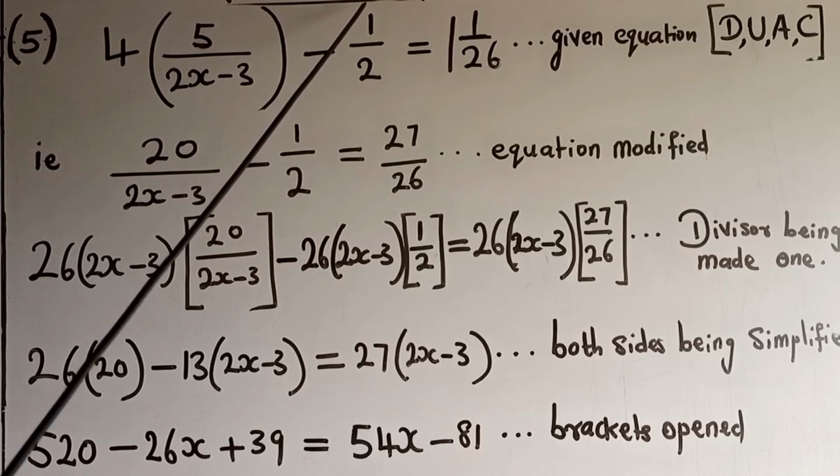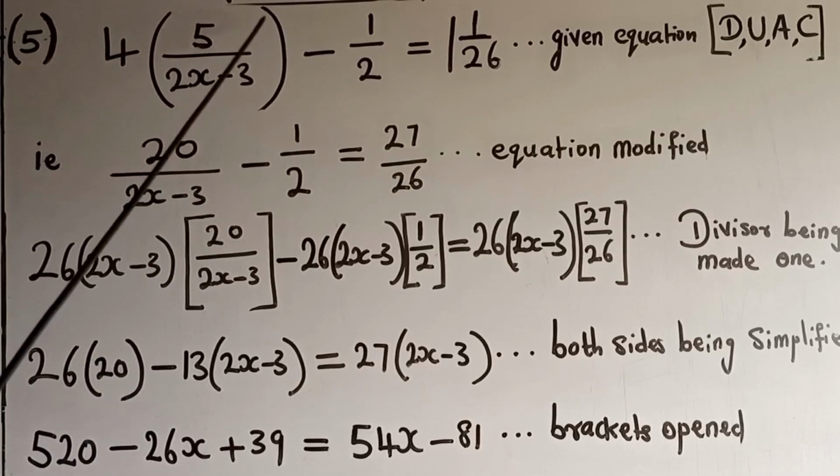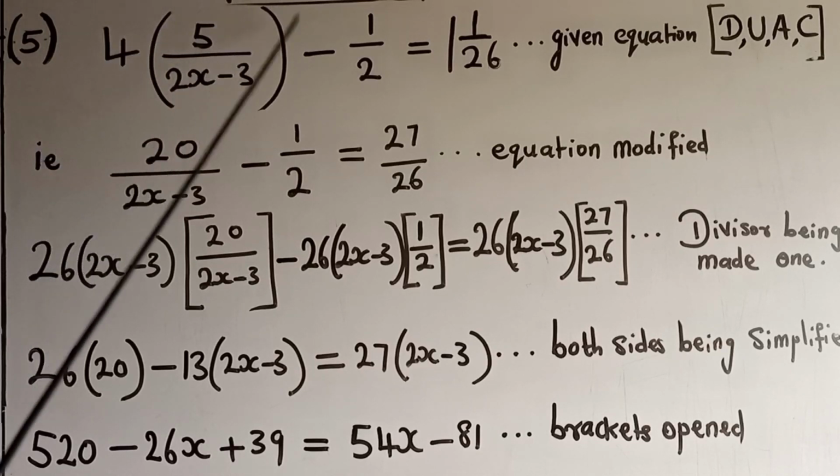This 1 over 2 remains the same 1 over 2. And now this expression has become this one. How did this become this one? Simply, we remember that 4 bracket 5 over 2x minus 3 means 4 times whatever the thing that is contained in the bracket.